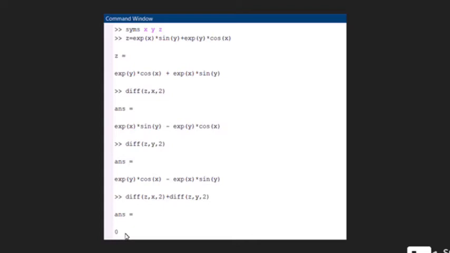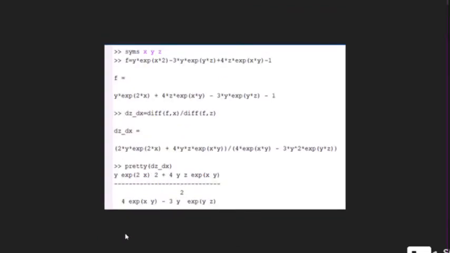Okay, for question D, the question asks to find dz/dx from the function given. So the function is y exponential x 2 minus 3y exponential yz plus 4z exponential xy minus 1.